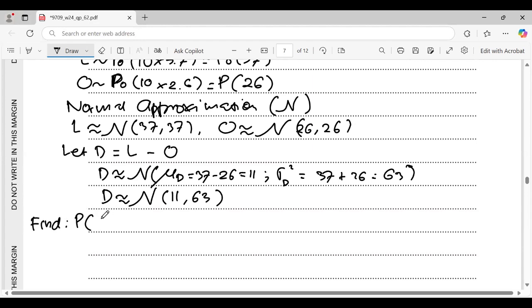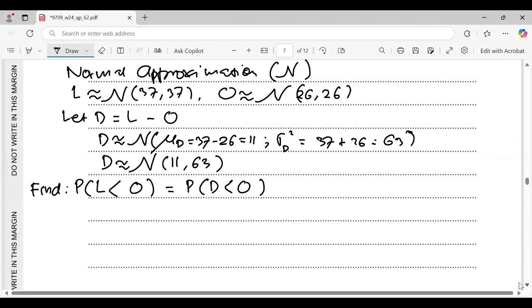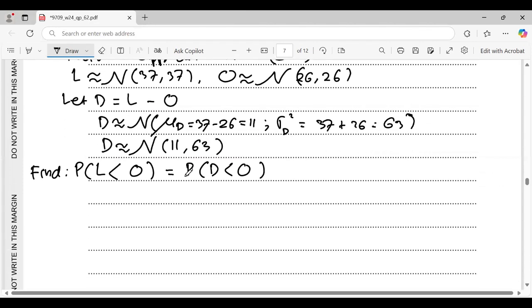After that, we are going to find the probability that lemon is less than orange, so the probability D less than 0. Sorry, I need to standardize first.